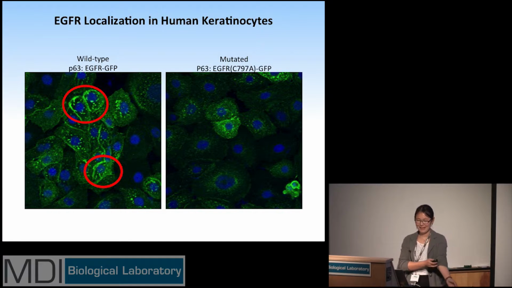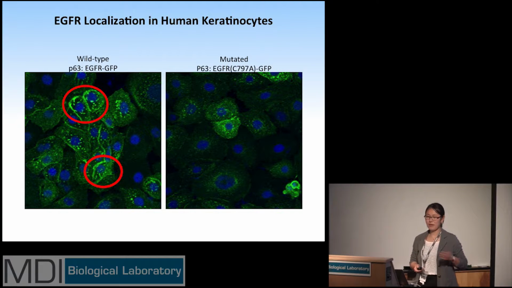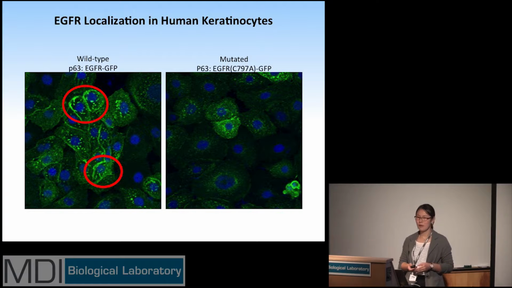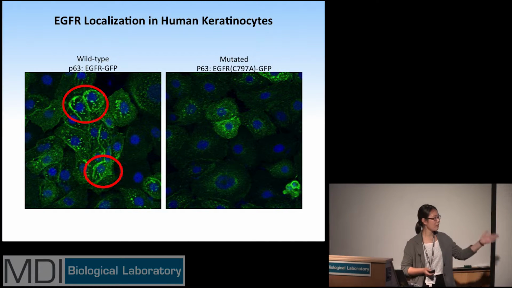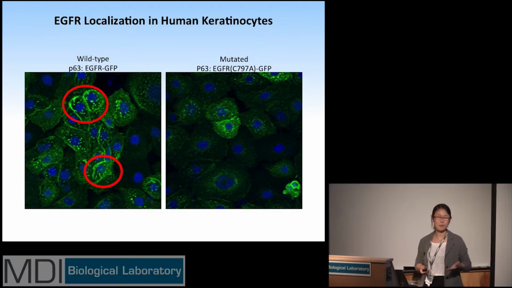Then, to test the activity of the constructs, we first transfected them into human keratinocytes. We then performed immunohistochemistry with anti-EGFR antibodies. In this picture, you can see the EGFR is marked with green fluorescent protein.